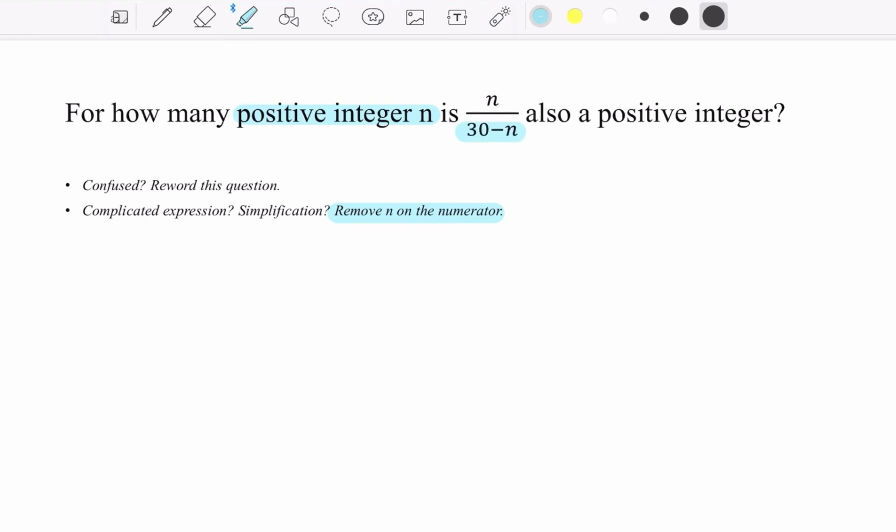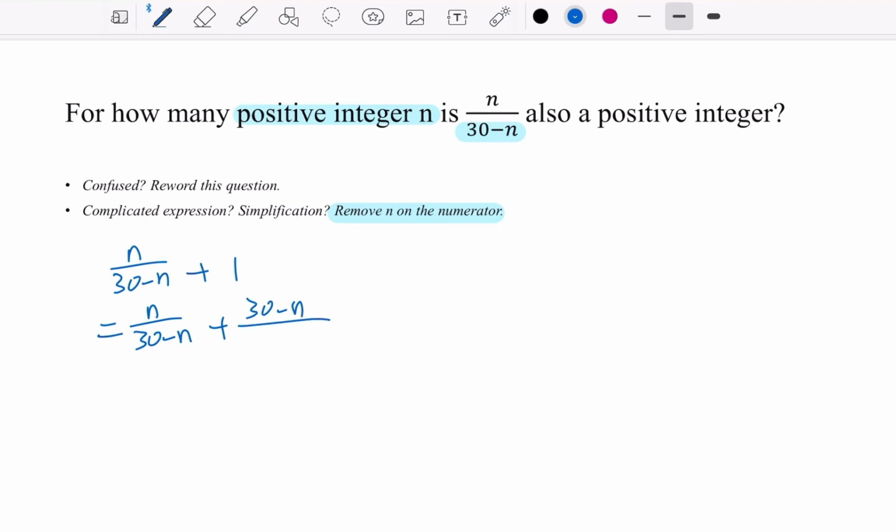We can add 1 to n over 30 minus n, because n over 30 minus n plus 1 is like a simple fraction addition, like you're adding a fraction to 1. So this is like n over 30 minus n plus 30 minus n over 30 minus n.